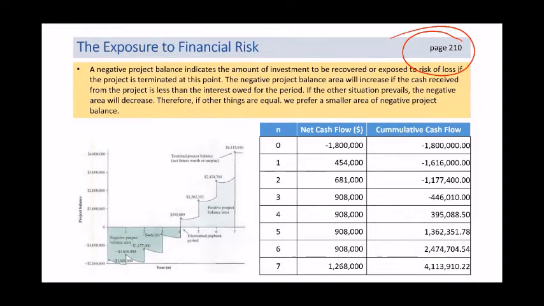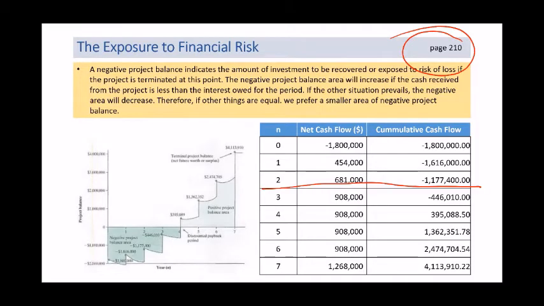And why is it risky if the balance of the project is negative? It says here, negative balance is exposed to risk of loss. Suppose the project, in our example, is stopped during year 2. Remember that this is futuristic. That means it is not yet happening, but it might happen.